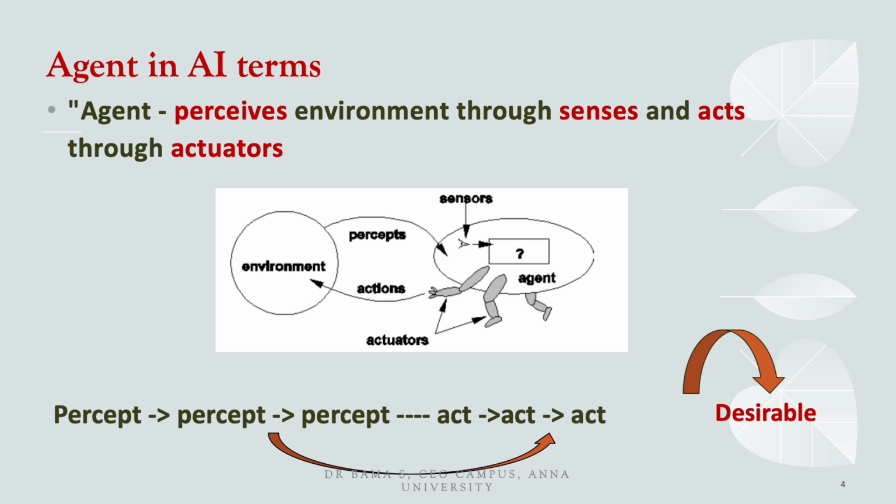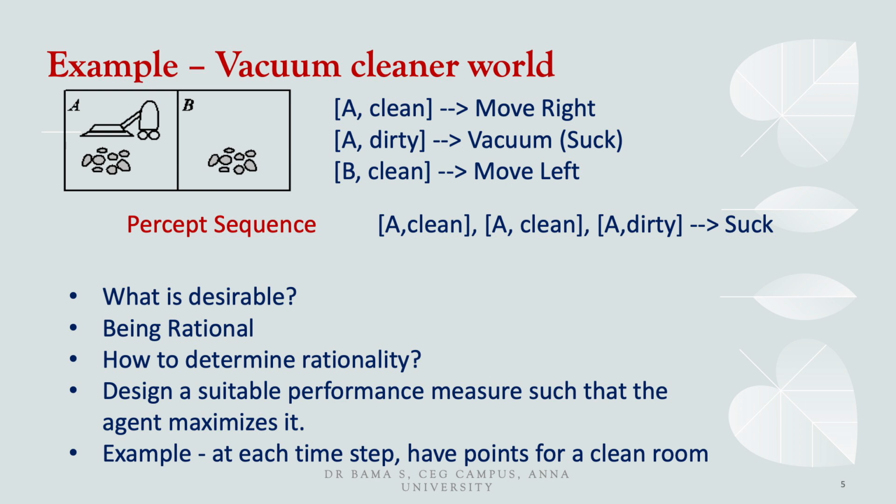Now, how do we know what is correct? The agent has to perceive and act in such a way that the action is desirable, and what is desirable we can verify in terms of rationality.